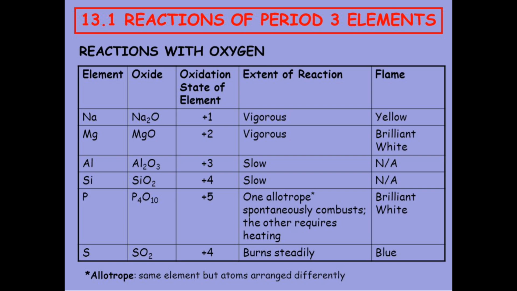The same with magnesium. Magnesium will react to produce magnesium oxide with a white flame. The same thing with aluminum. All of them will produce oxides respectively.